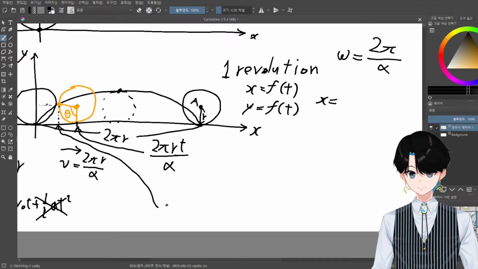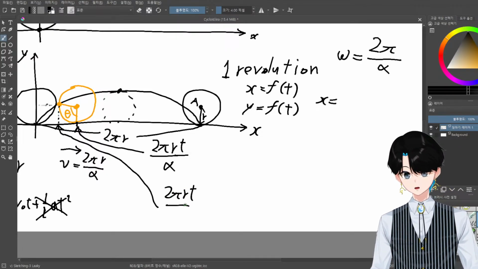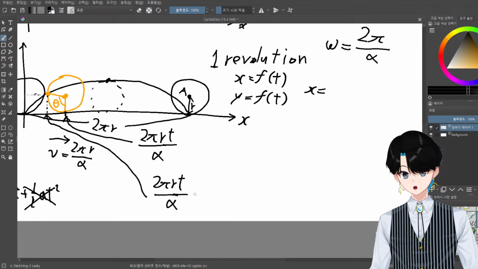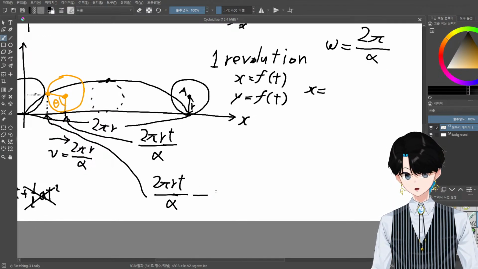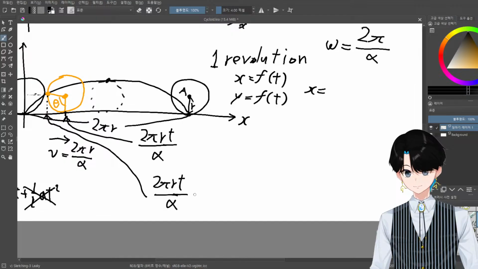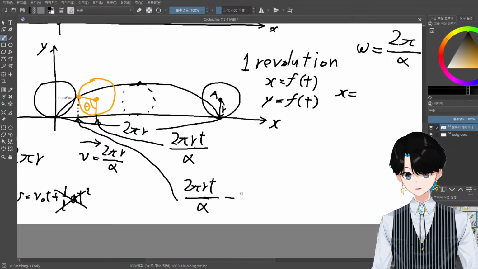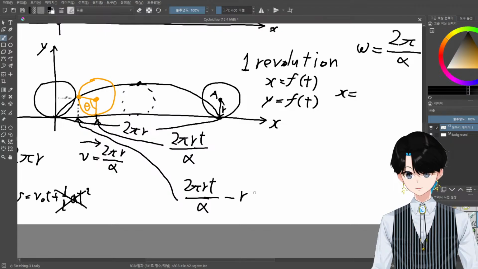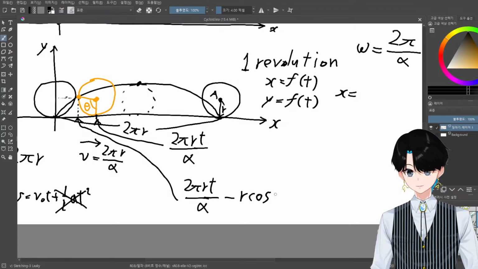This will be 2 pi r t over alpha minus r cosine theta.